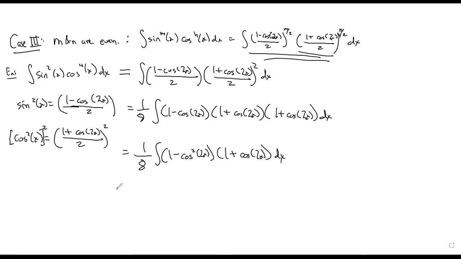Then you have a little bit more: 1/8 integral, 1 times 1 is 1, plus cosine 2x, minus cosine squared 2x, minus cosine cubed 2x dx.